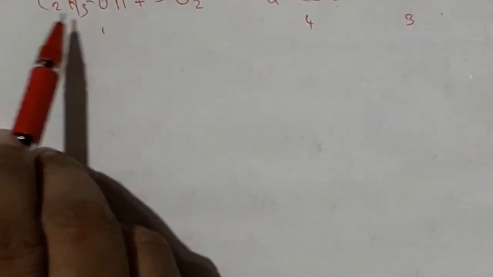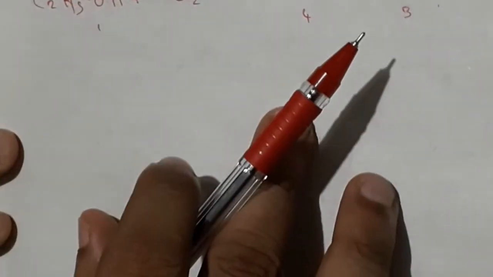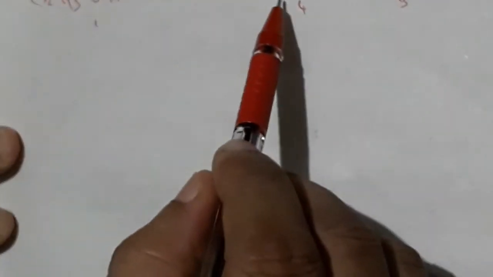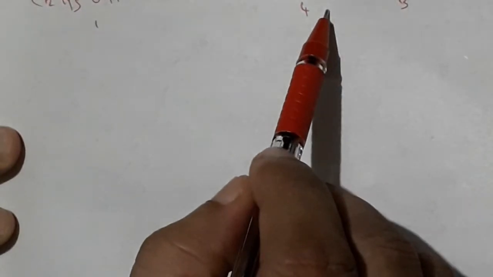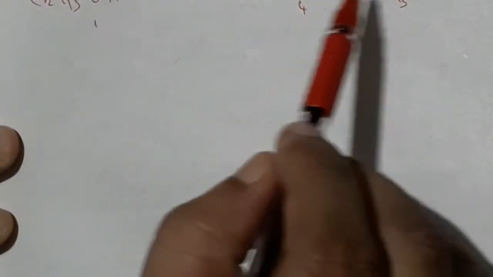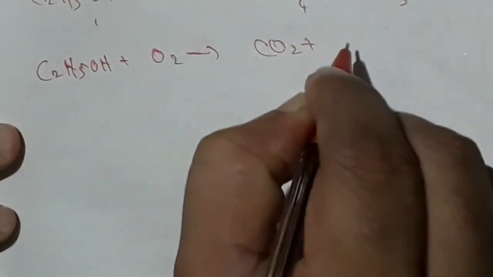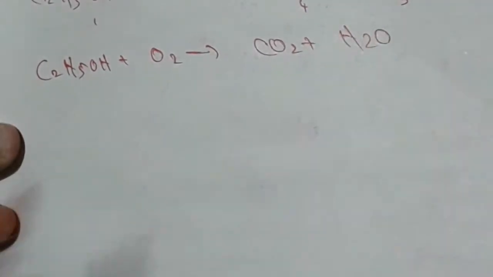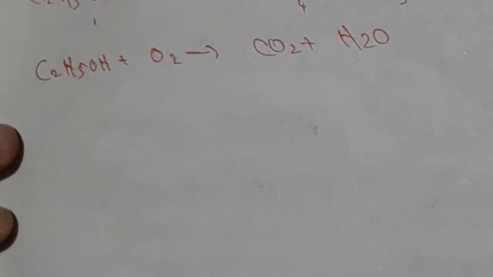Here it is given C2H5OH plus oxygen giving carbon dioxide and water. I told you, after combustion it will be carbon dioxide and water. So C2H5OH plus oxygen gives CO2 plus H2O.